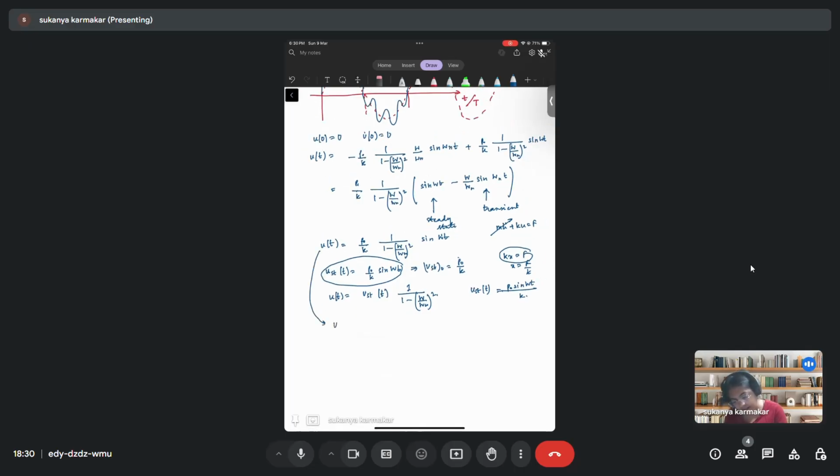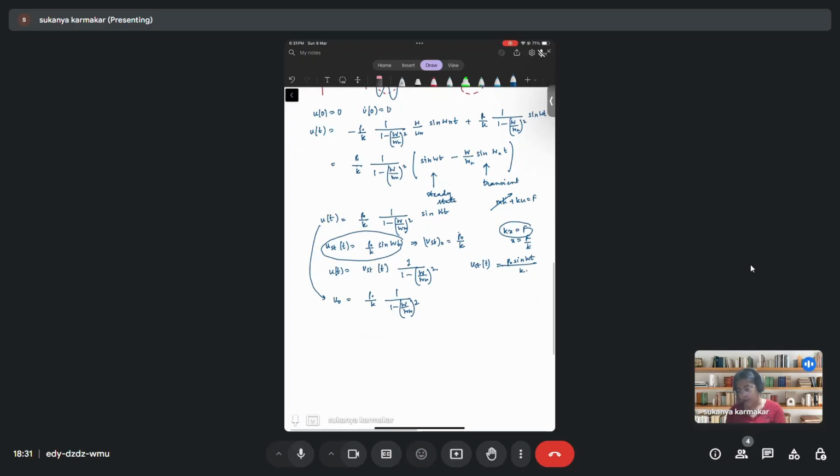Let's use the notation u naught. u naught will be p naught by k times 1 by 1 minus omega by omega n whole square, when sine omega t is equal to 1. Is this clear? Yes, ma'am. I'm just telling when these quantities will take up their maximum value.